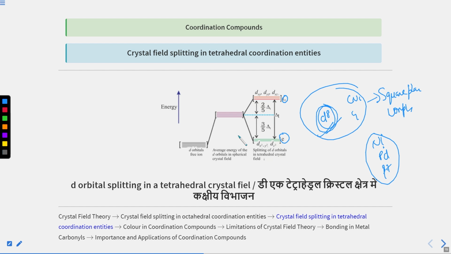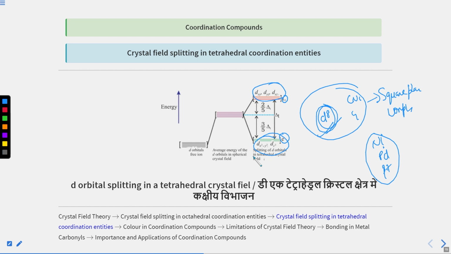So this is the scene of tetrahedral. You can see that the case is reversed. Now we have 3 orbitals on the upside and 2 orbitals on the downside. What can be inferred from this about the ligand approach, whether it is axial or between the axes? See, all the orbitals which are between the axes are lifted in energy, whereas those along the axes are lowered in energy.